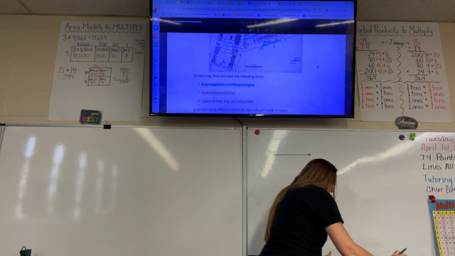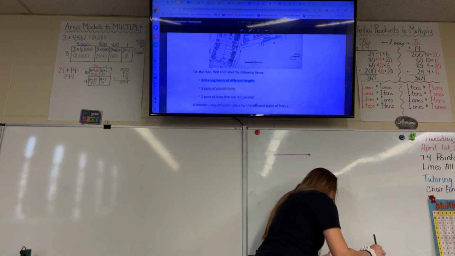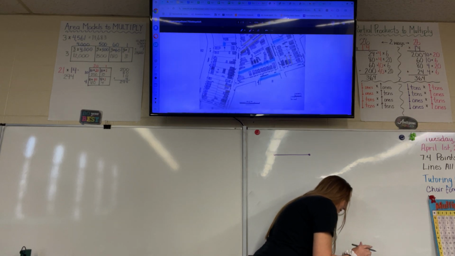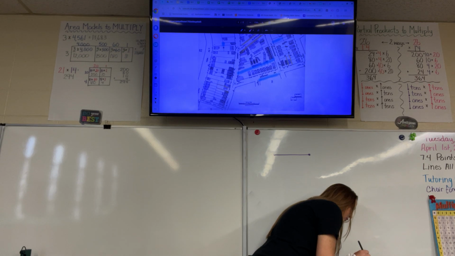Okay, and then I'm going to switch to pink this time and do 2 pairs of lines that are not parallel. So these would be intersecting lines. So here's one pair right here. These 2 lines intersect.